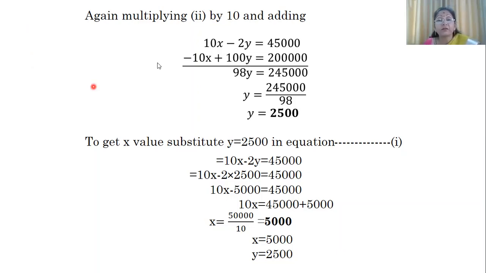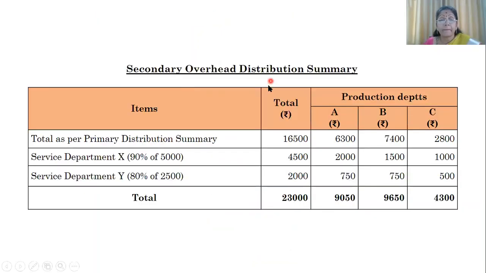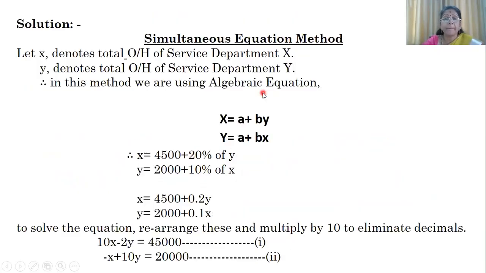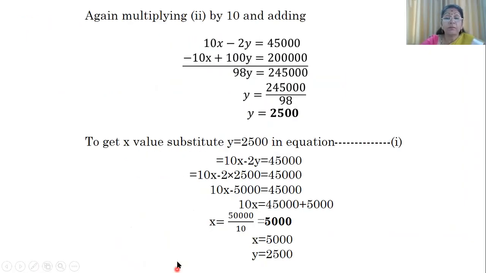Okay, then equation 2: minus x plus 10y equal to 20,000. Okay, 10x minus 2y is equal to 45,000.